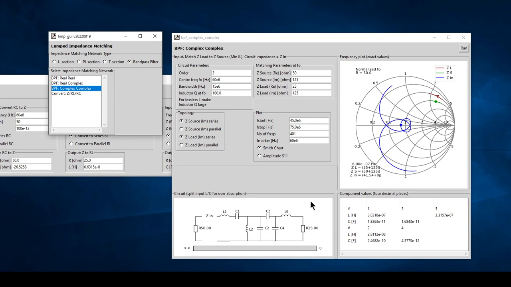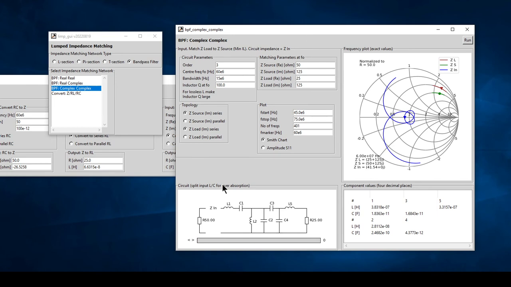Okay, so let's have a look at this case. Let's run this. Okay, so it's telling us split input LC for over-absorption. So it's telling us the input is over-absorption, and then at the output, L5 will be exactly absorbed by your filter network, but over here we have over-absorption.